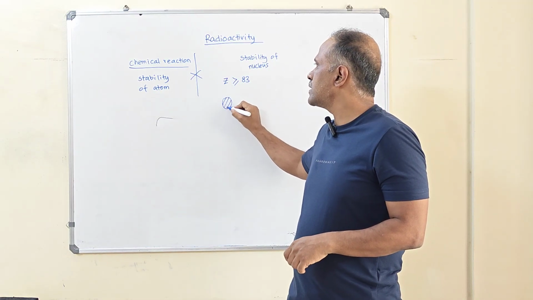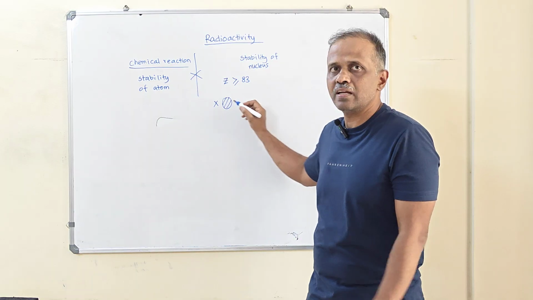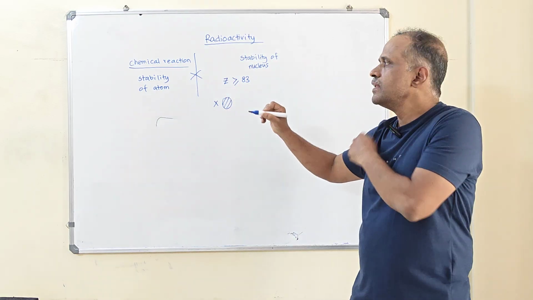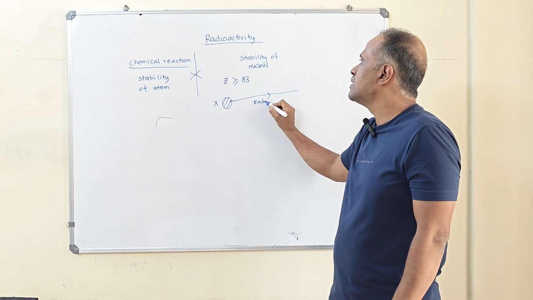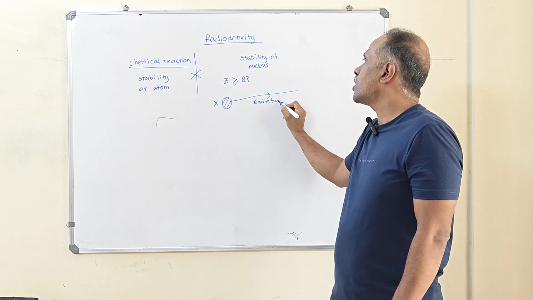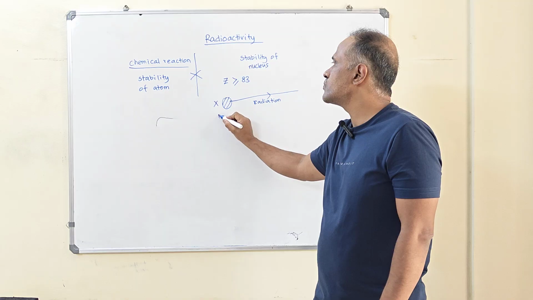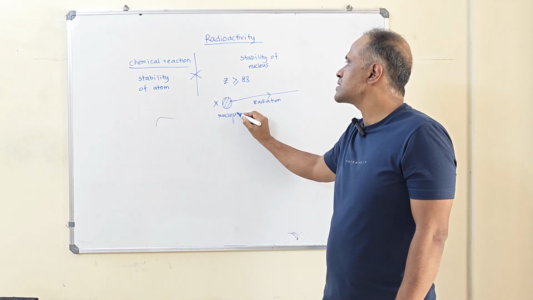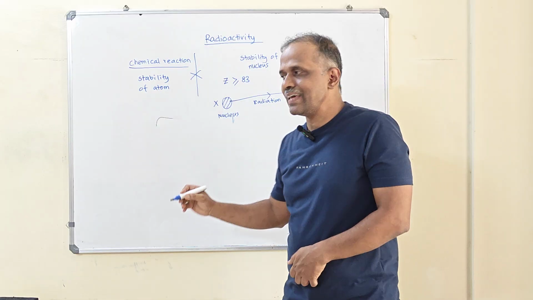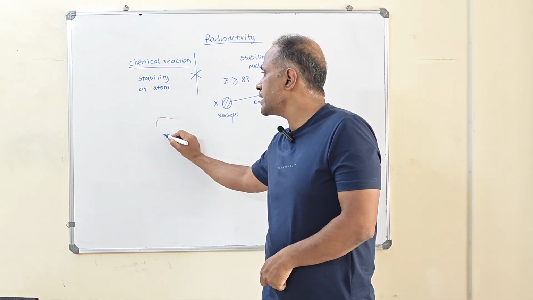Suppose this X element is there whose atomic number is more than 83, now it will try to emit certain radiation from its nucleus to gain stability. So we can say, what is radioactivity?